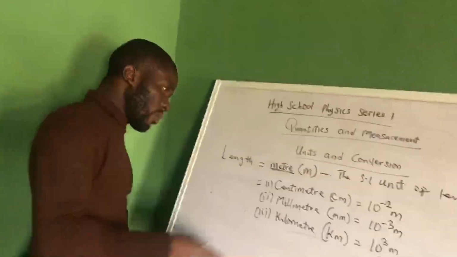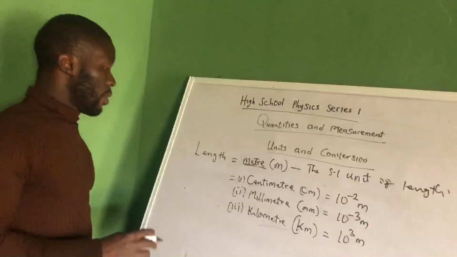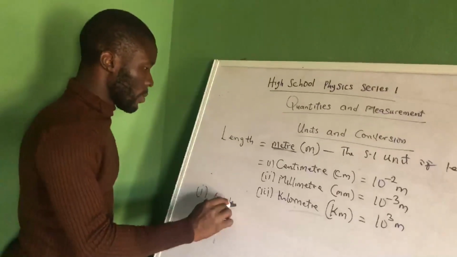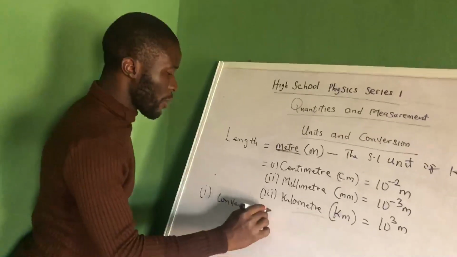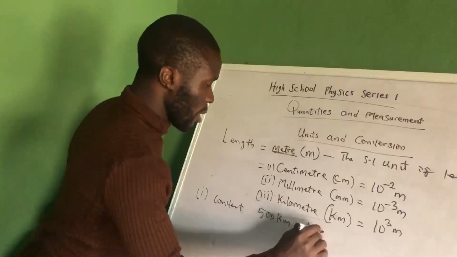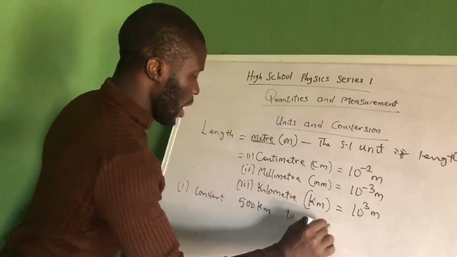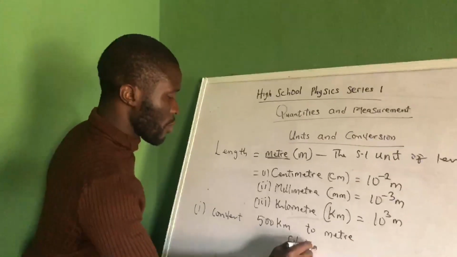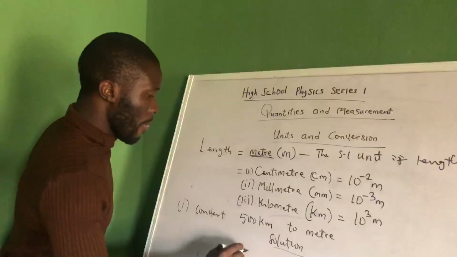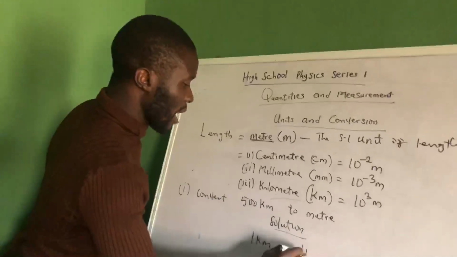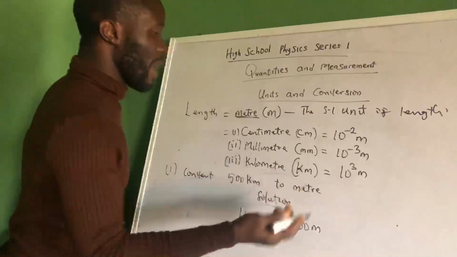Now, what do we want to achieve from all this? Let's look at the question. Convert 500 kilometer to meter. Now, how do we go about this? We know that 1 kilometer is the same thing as 1,000 meter, that is 10 raised to power 3 meter.